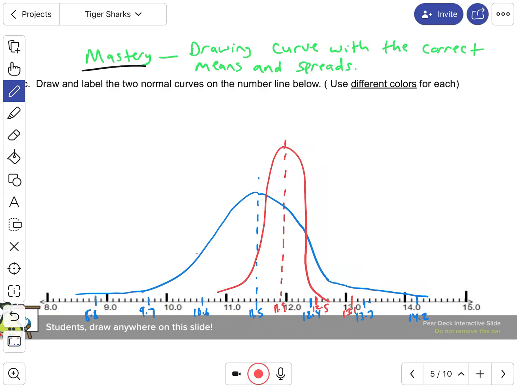Plus another 0.6. Now we're at 3 standard deviations above the mean, and that's as far as we're going to go that way. And then to the left of it, we're going to subtract the standard deviation, which is 0.6, from 11.9, and that's going to be 11.3. And minus another standard deviation, so that's going to be 10.7.